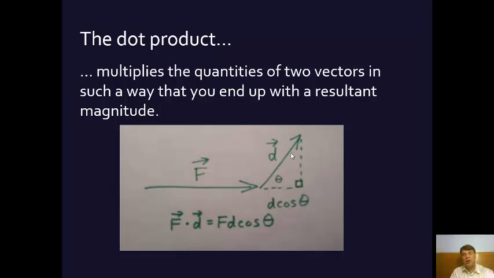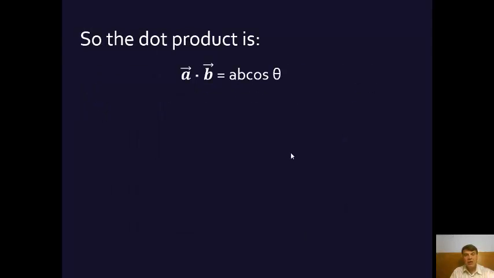Once it clicks, you'll say, okay, I understand what this is doing. So the dot product of vector A with vector B is going to be the magnitude of A times the magnitude of B times the cosine of theta, where theta is the angle between those two vectors.